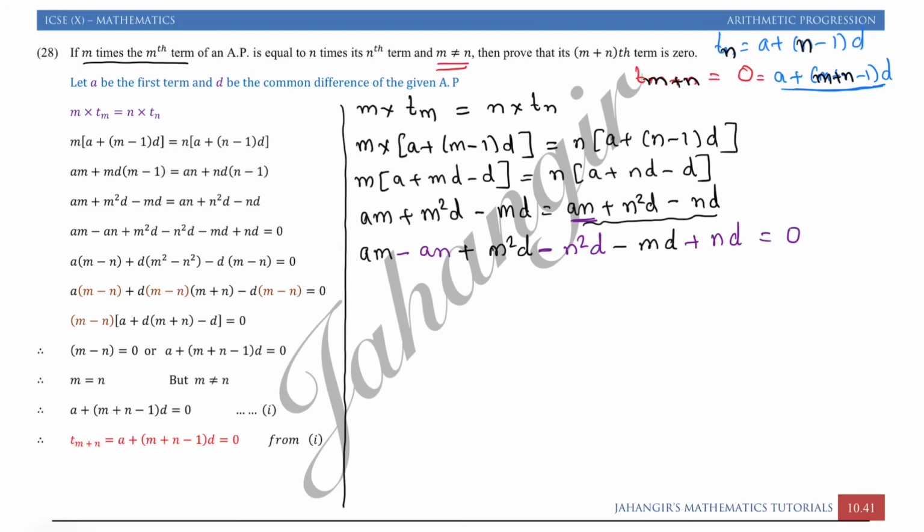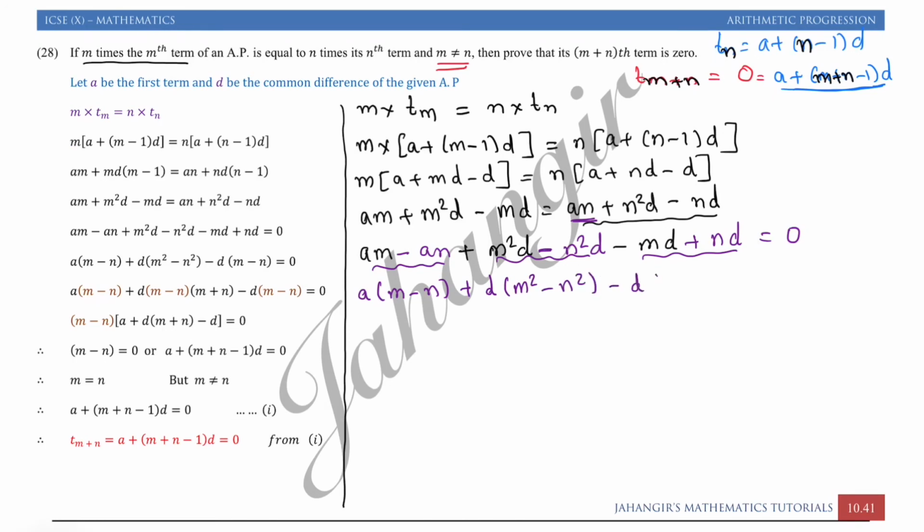Whatever term I had shifted to the left is written in another color. Now we will take common factors by making pairs of two. First we write a common, (m minus n). From the second part we can take out d common, we get (m square minus n square).